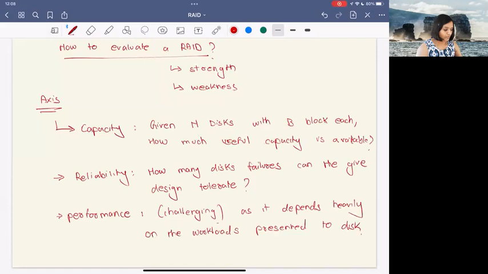But what we could do is discuss how this would perform with some typical workload. Like, let's say we have an idea of the workload, if the workload is this, tell me how RAID technique 1 would perform compared to RAID technique 2 on this given workload. That is what we could do, right? So we will discuss the performance with some typical workload.